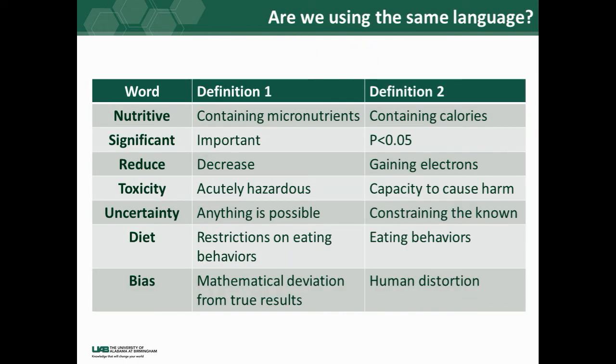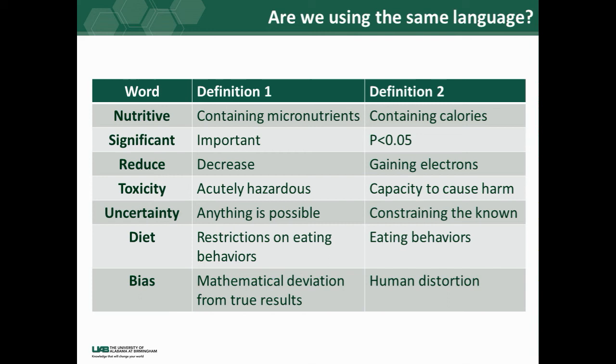So knowing that we come at nutrition from very different angles, I think it's important to consider whether we're even using the same language. And here is a list of some words that I often like to bring up in terms of different definitions that people might use. So one word that we see often is nutritive, and one definition of that is that it contains micronutrients.